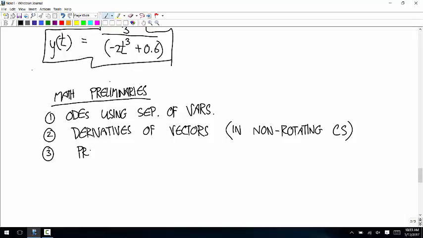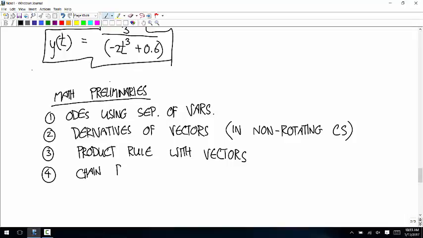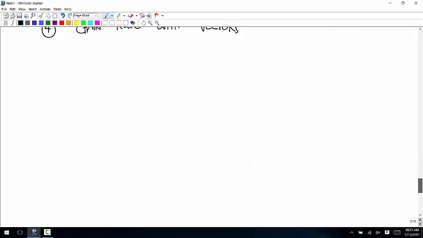Third is product rule with vectors. And fourth is the chain rule with vectors. We're done with this one. So it looks like we're a quarter done, but we'll finish in the next 15 minutes, I think.